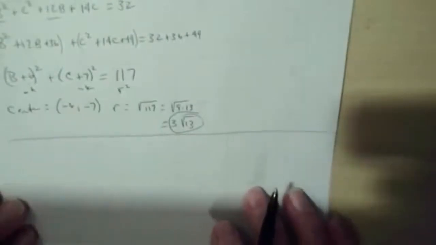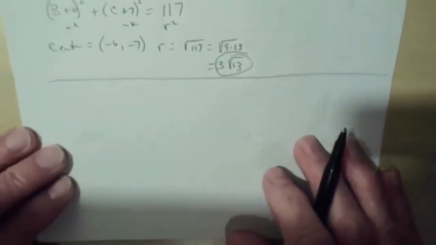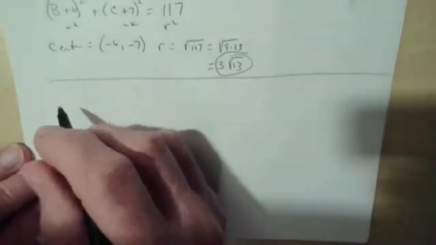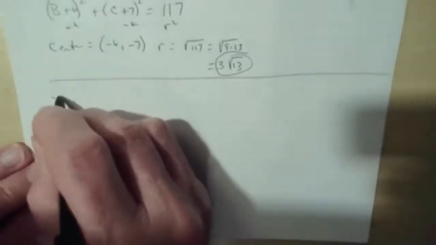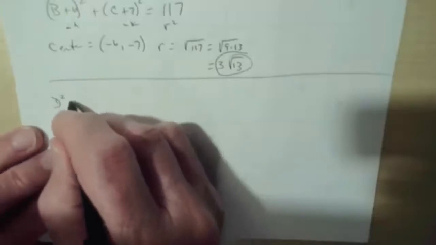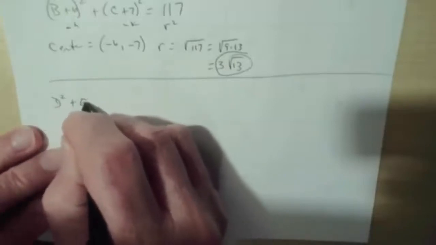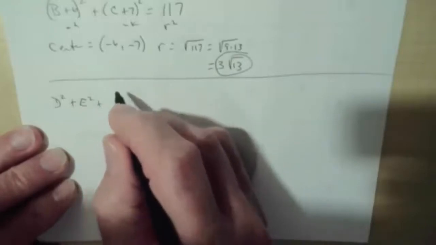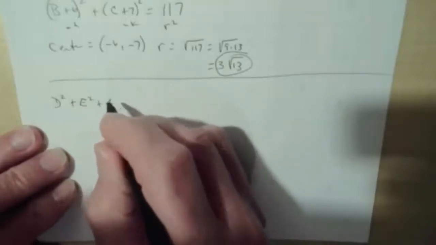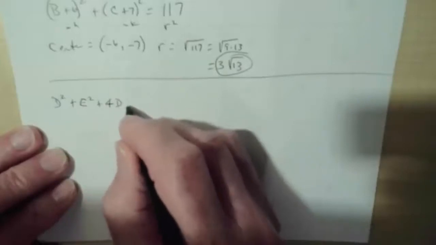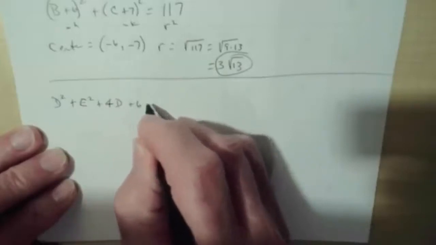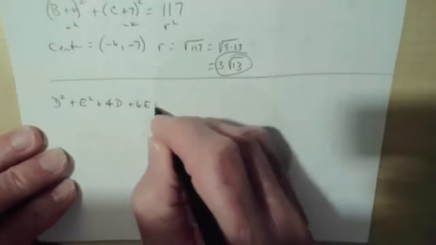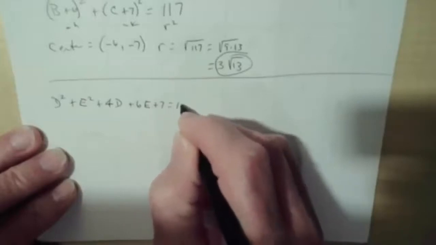Okay? Let me do one more. d squared plus e squared plus 4d plus 6e plus 7 equals 10.